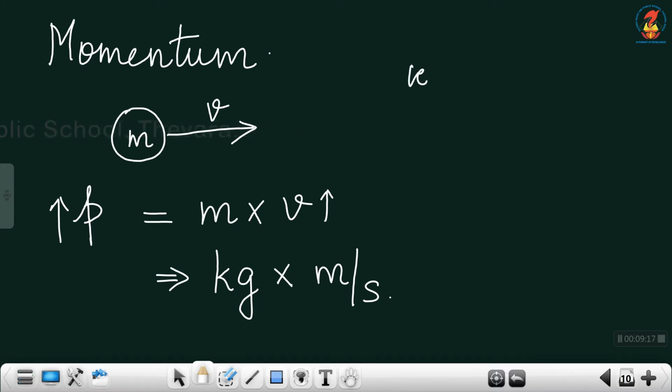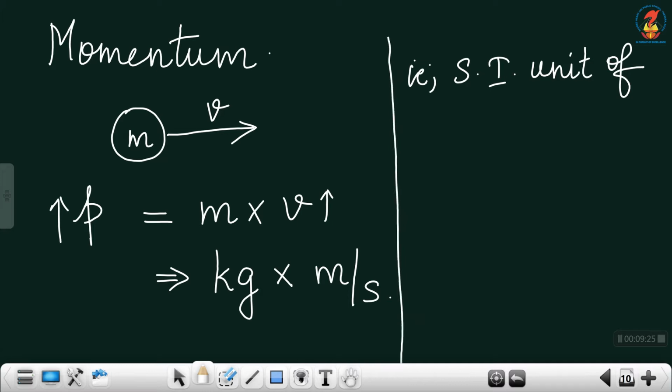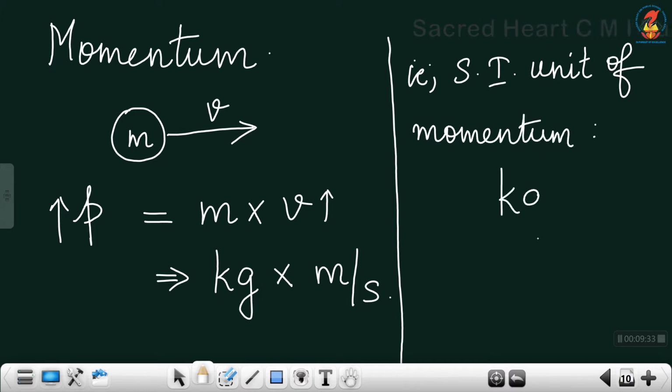That is, the SI unit of momentum is kilogram meter per second.